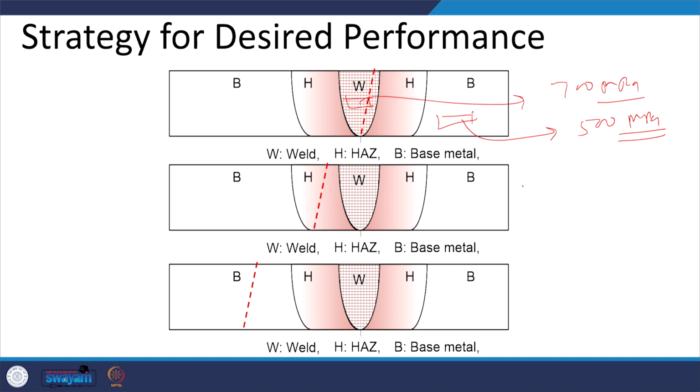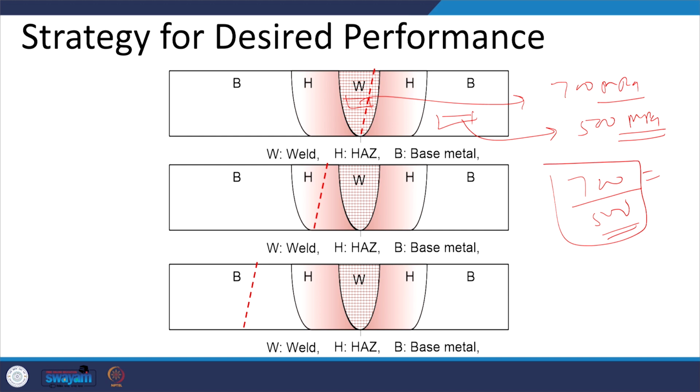The ratio of the weld metal properties, 700, divided by the base metal properties, 500, will give you the joint efficiency. If the weld metal is stronger than the base metal, it will give you an efficiency greater than 100%.